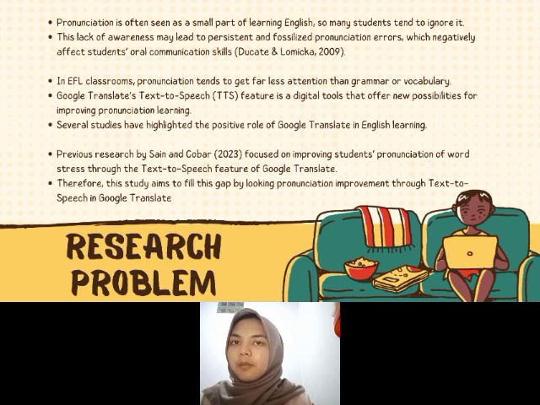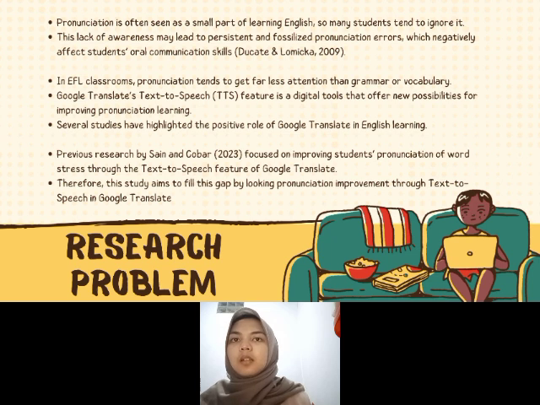Furthermore, Mahmoud in 2021 reported that Google Translate can be effectively used to teach English pronunciation and help students improve their pronunciation accuracy. There is also previous research by Sain and Kobar in 2023 focused on improving students' pronunciation of word stress through the text-to-speech feature of Google Translate.